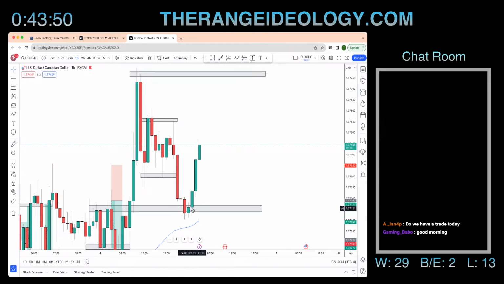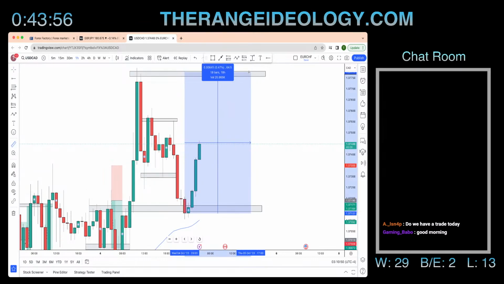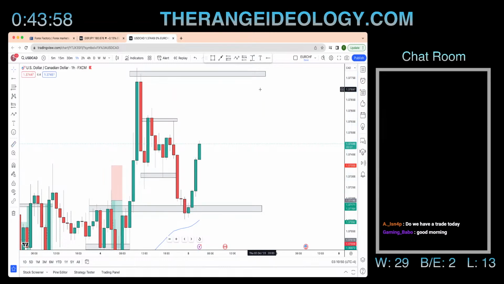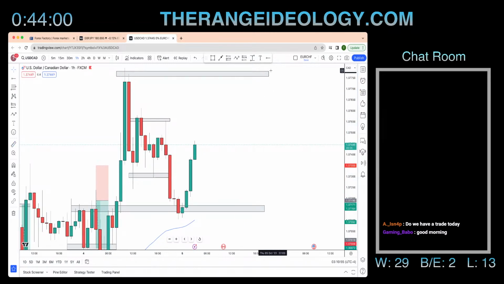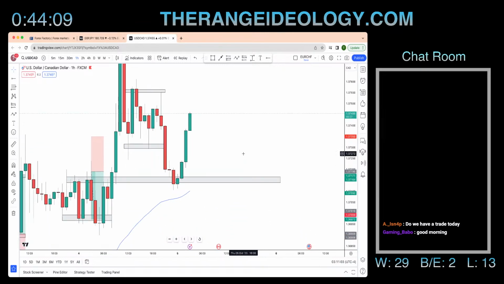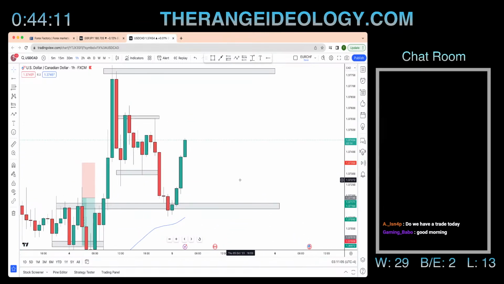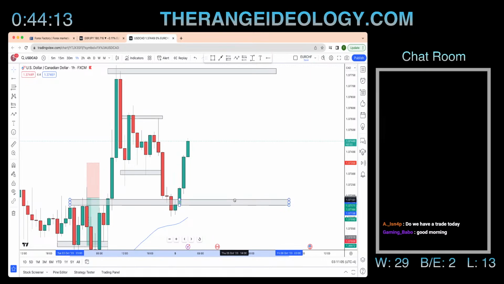Let me see how large of a range this is. So 65 here. That's more than a small range for USD CAD according to the range ideology. So that's more of a medium, going for large, especially considering intraday scalping, intraday swing. So definitely on the larger end here.